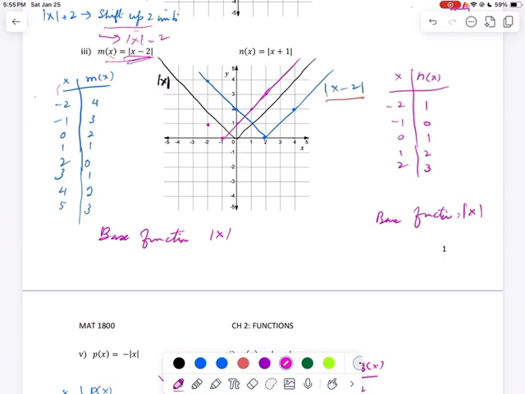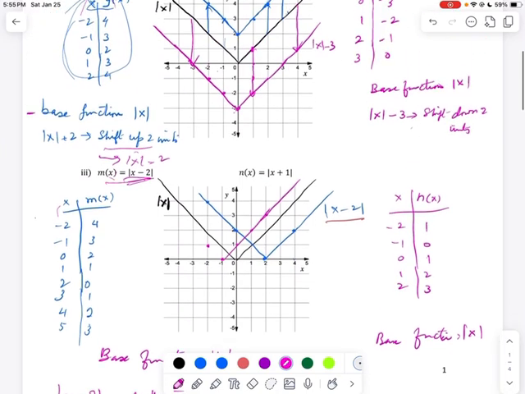So in the function x minus 2, we notice that the graph shifted. So shift, or move, or slide, or yeah, these are the words that you can use.